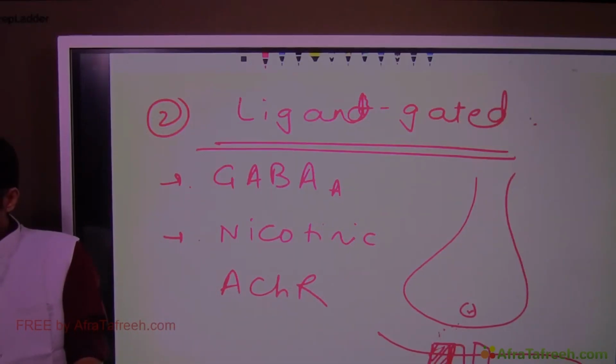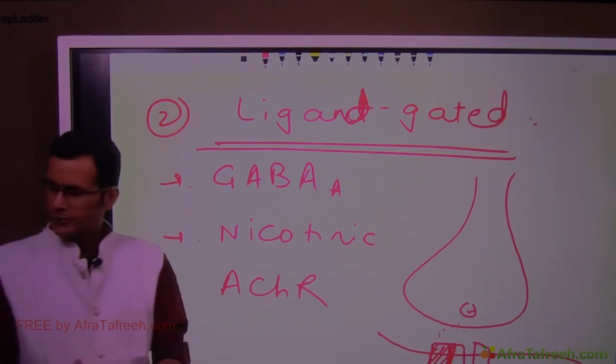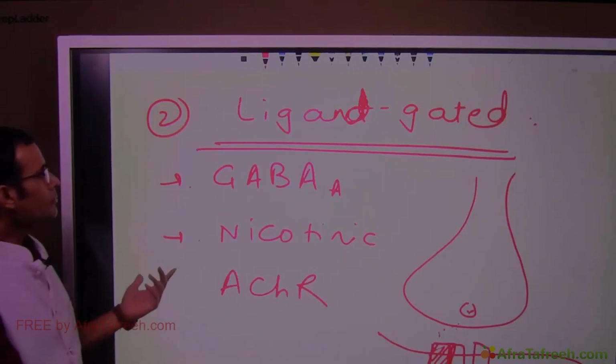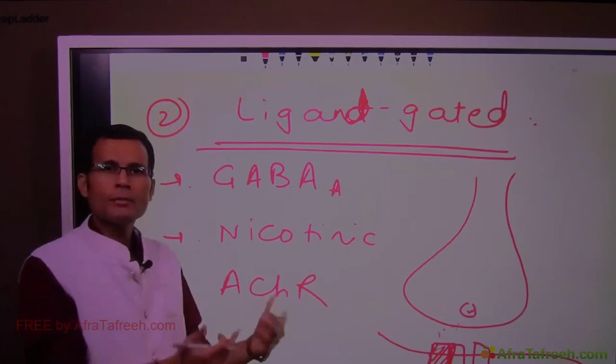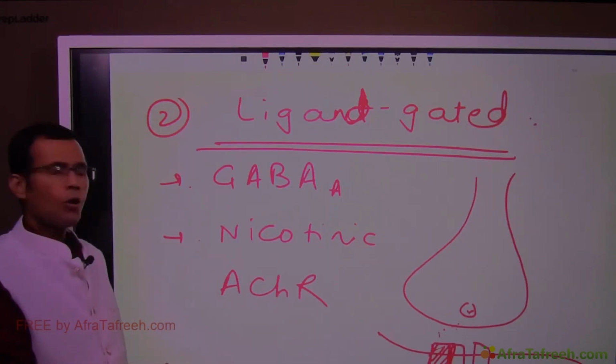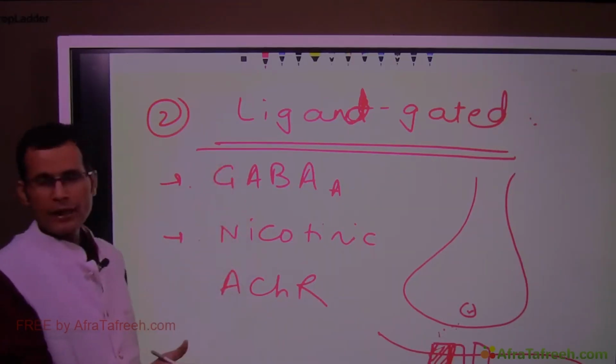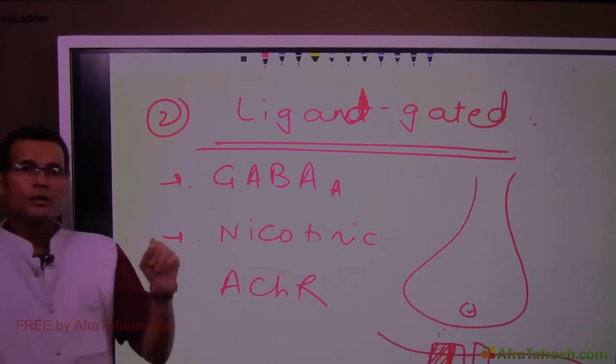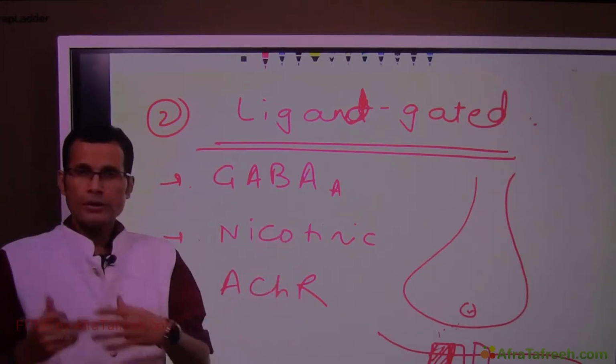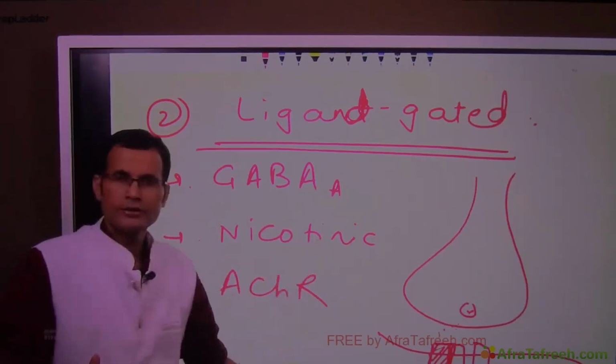If these are ligand gated channels, then what is GABA subtype B or muscarinic acetylcholine receptor? Aren't they ligand gated? Well, they are categorized into the next type.